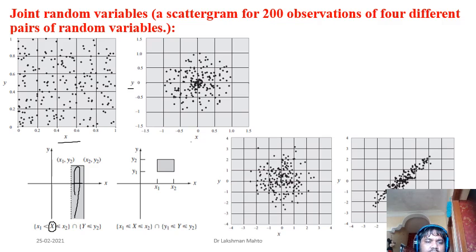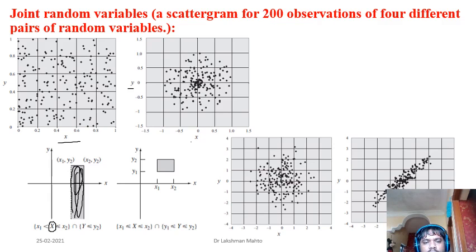This is the joint region of the values of the random variables where x and y both are jointly taking values. We don't have any information outside this region, just about the region in which x and y both take values jointly. So this region is the joint range of x and y, and that's why x and y are joint random variables.